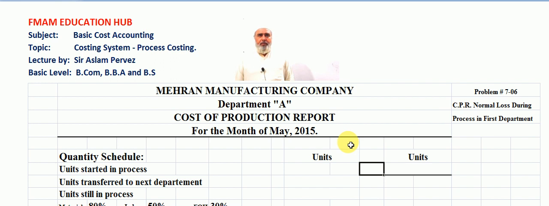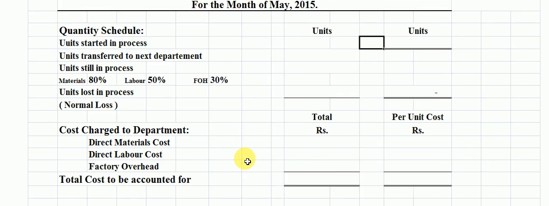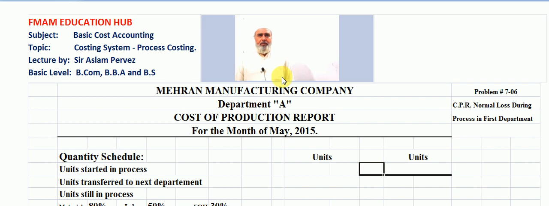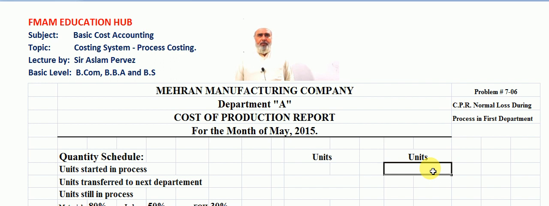Students, let's go to the first section, the quantity schedule, in which we have to put the units which are started in process here, which are 26,000 units. Students, these are the units which are started in process.